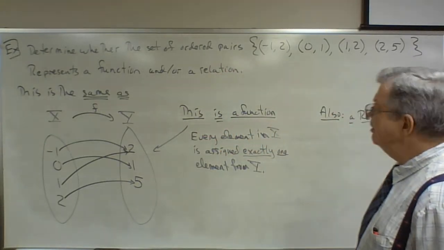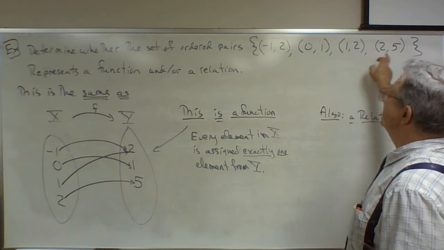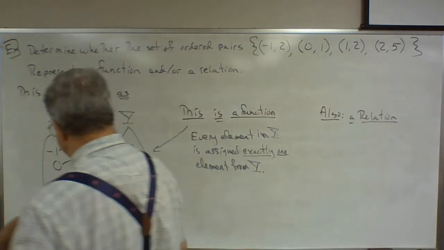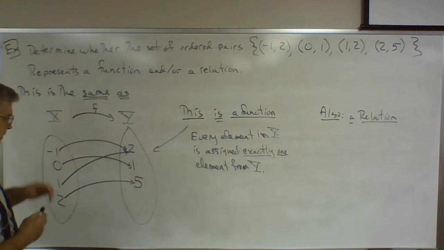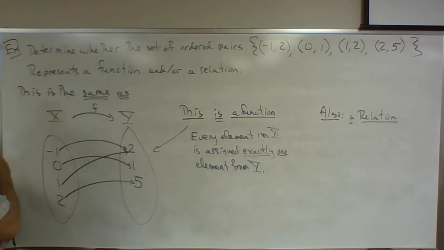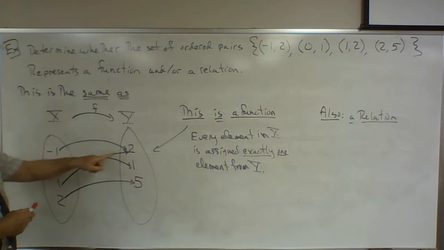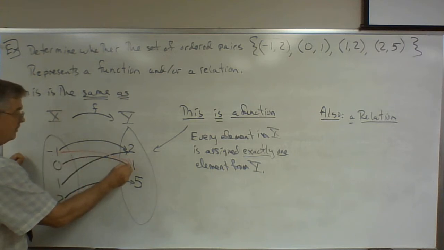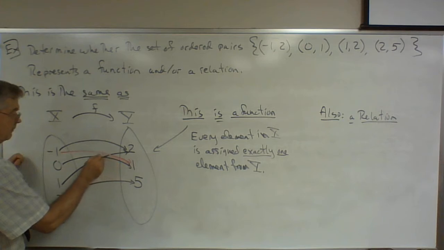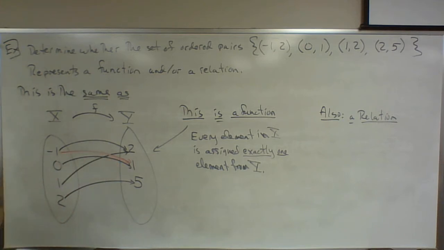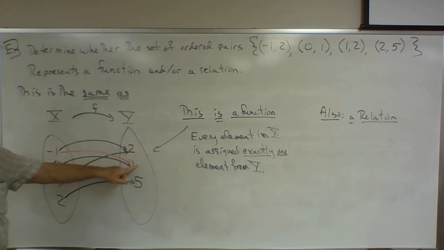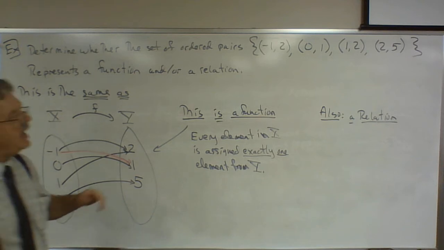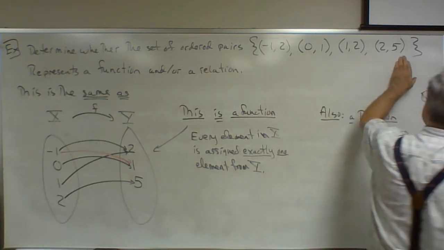Now, what would that look like if we're looking at ordered pairs? Let's say, for example, that this failed to be a function because in addition to -1 being paired with the element 2 in set Y, -1 was also paired with this element in set Y. If we had -1 paired with these two elements from set Y, how would that change what we have up here?